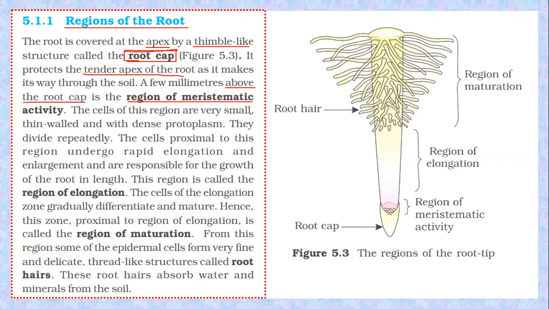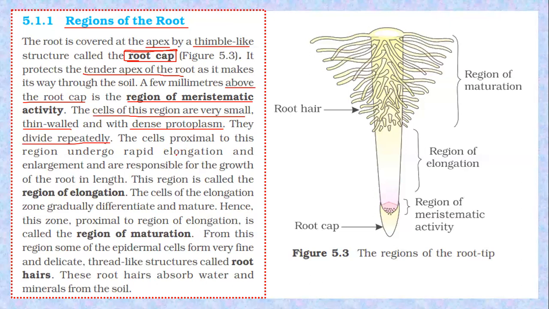What is the importance of this region? The cells found in this region are very small, thin-walled, and with dense protoplasm. They divide repeatedly. The cells of this region are capable of very fast division.